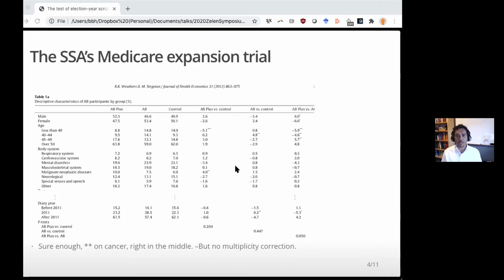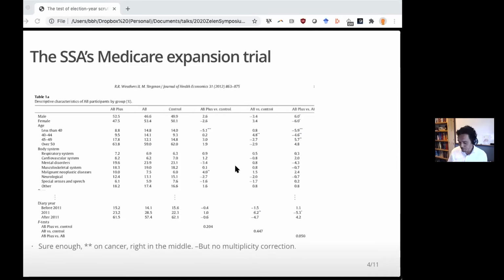Now, looking at this as a statistician, and especially if you're in one of the many branches of statistics where you have to think about multiplicity, a question immediately arises: what was done, if anything, to address the multiplicity of these comparisons? Because, of course, cancer in those two groups was not the only comparison being made in this table.